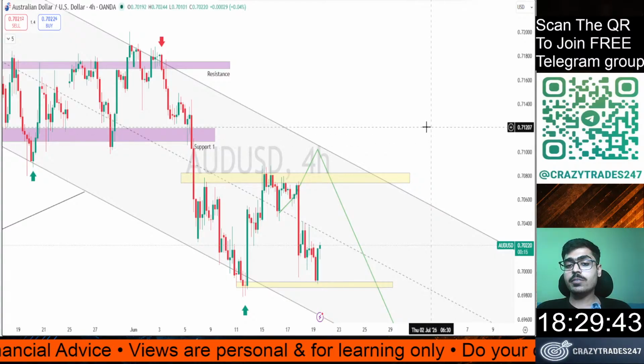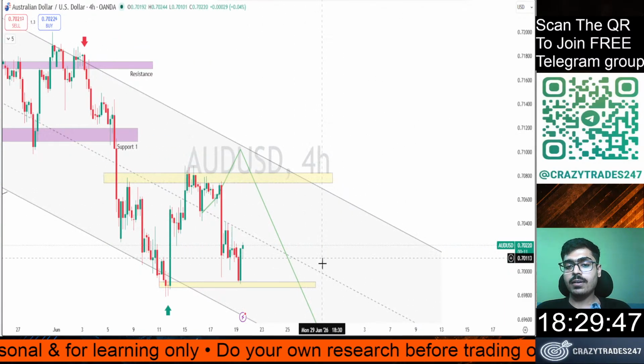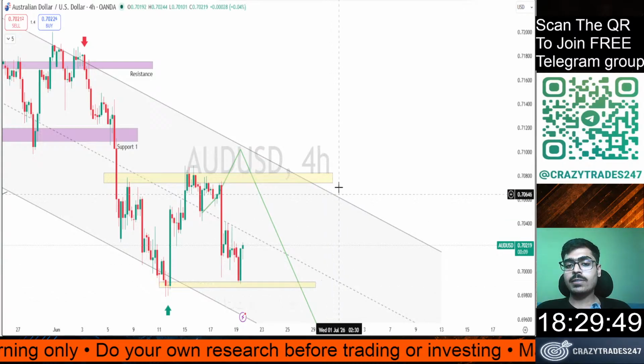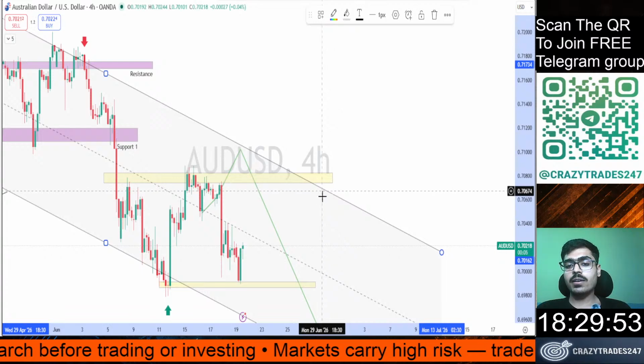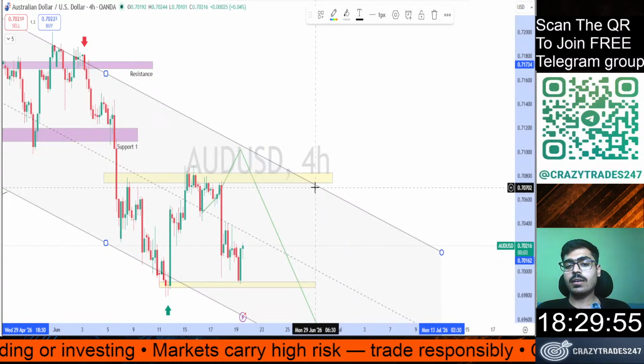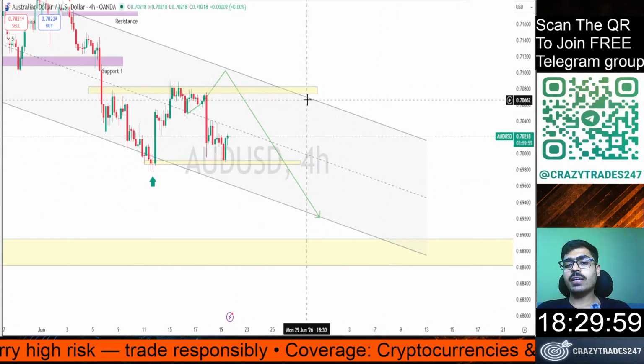I really suspect that price might give a sideways consolidation, and after continuing for a while and retesting this upper boundary here somewhere, and if it gives a breakout again, then we might think of taking a short trade.